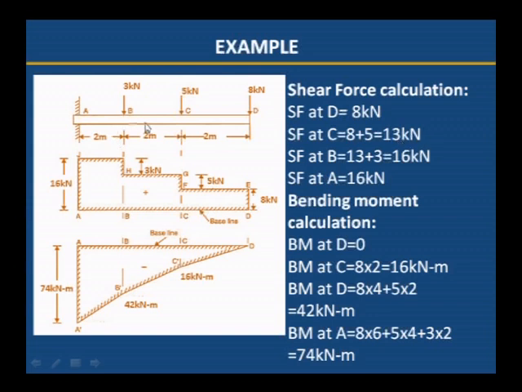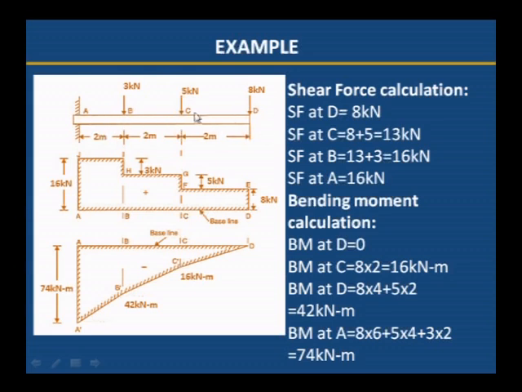Next, shear force at B. At B, we already calculated 8 kilonewton plus 5 kilonewton, that is 13. To that another additional load is added, that is 3 kilonewton. 13 plus 3, 16 kilonewton is the shear force at B. That means it is the algebraic sum of the unbalanced forces on the right or left of the section.